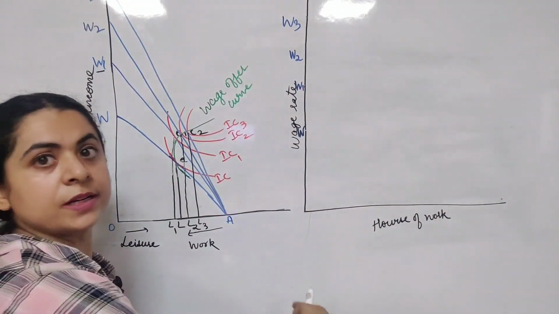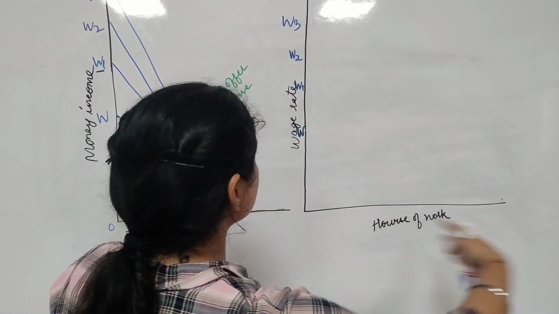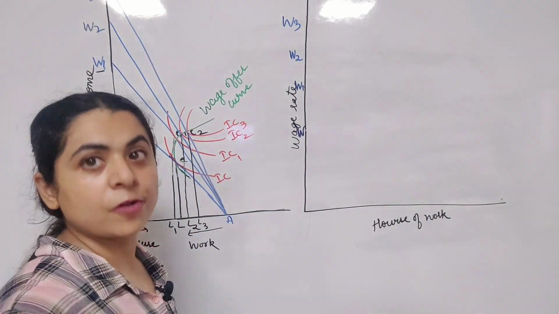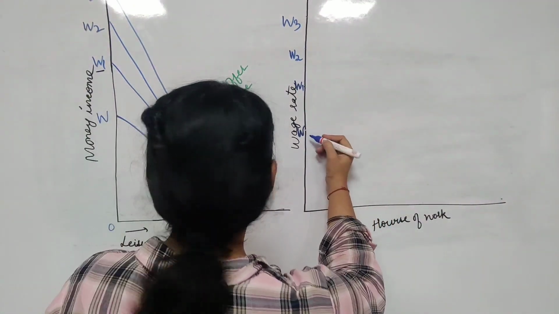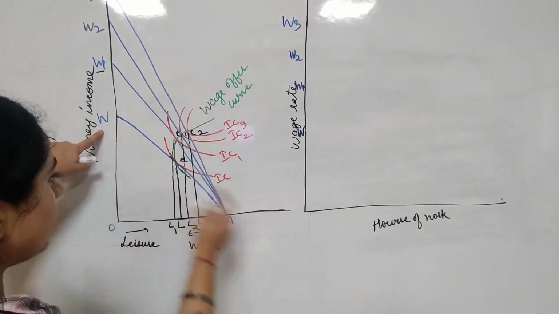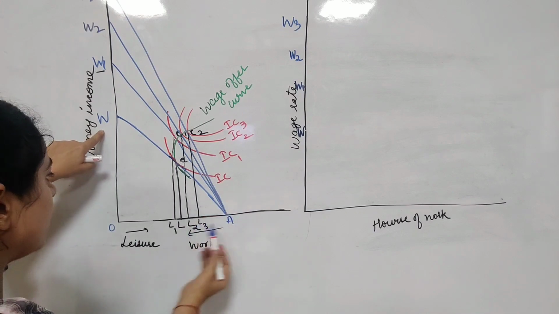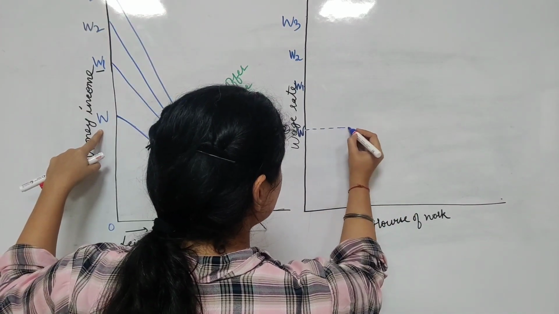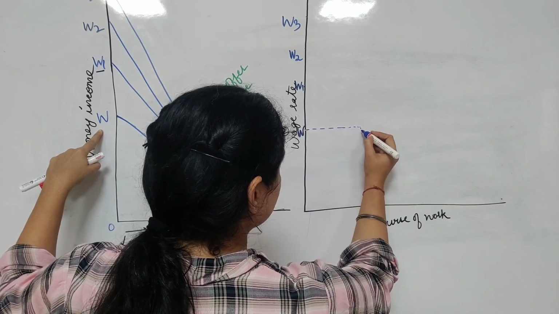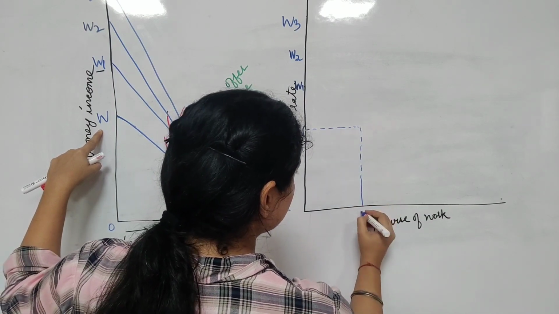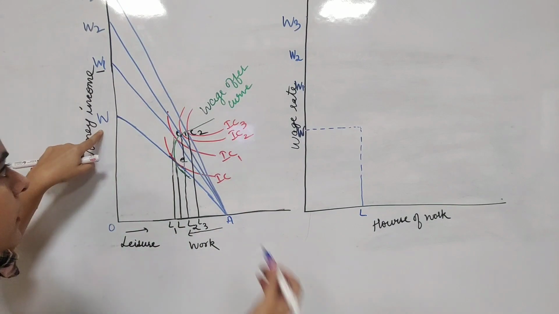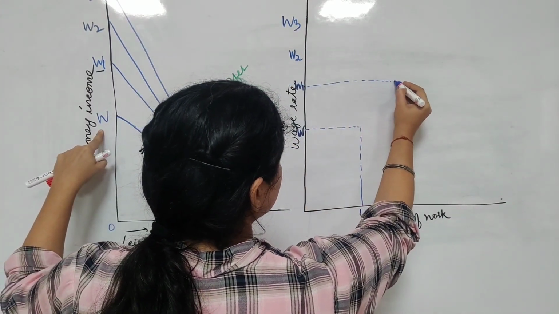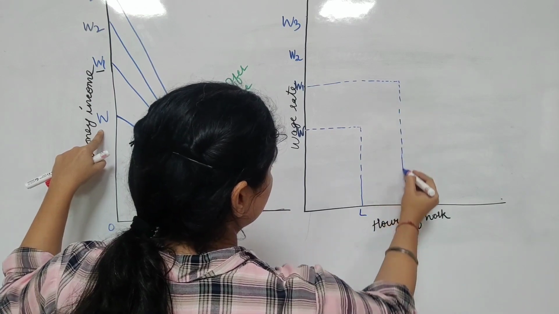If we plot various wage rates against the number of hours of work, we get our backward bending supply curve of labor. At this wage rate W, the individual is working for AL hours. Let's say at this wage rate he is working for L hours, and when the wage rate increases, the number of working hours increases.